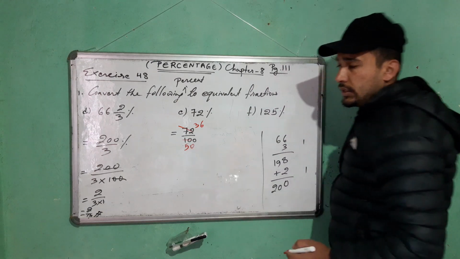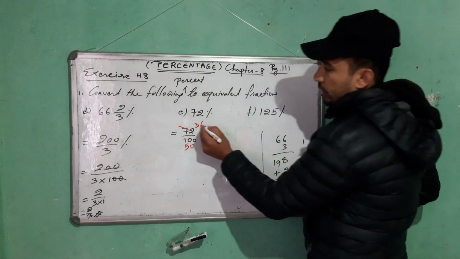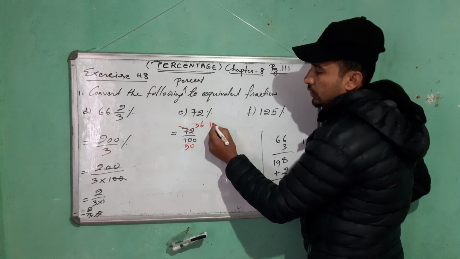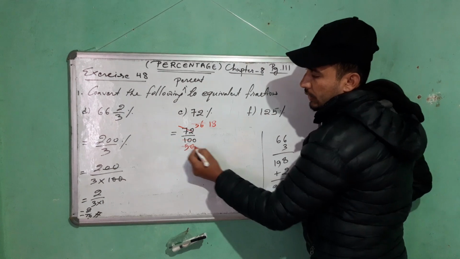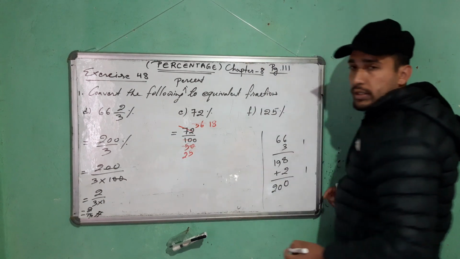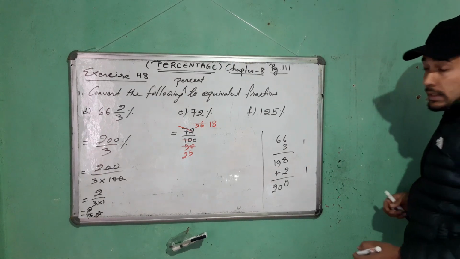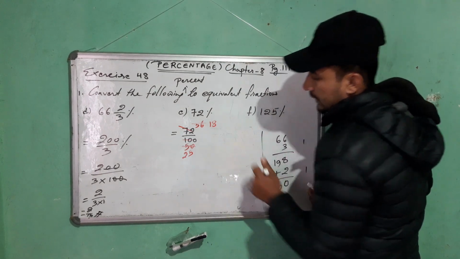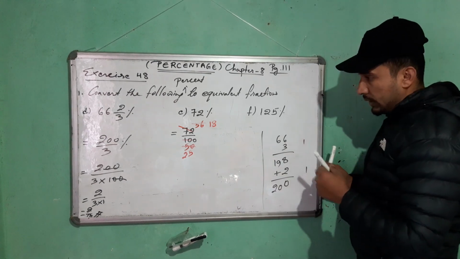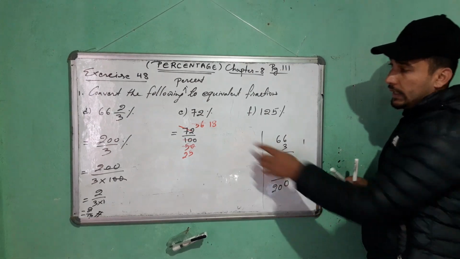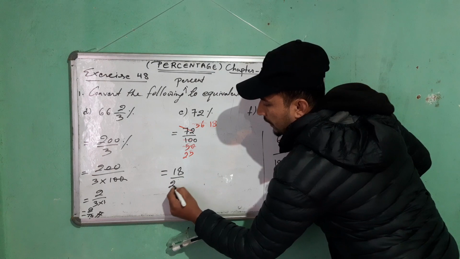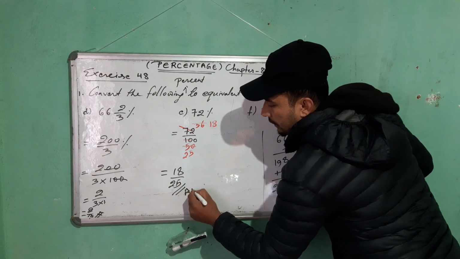Again, let me cancel with 2 only. 2 1s are 2, 2 8s are 16, 2 2s are 4, 2 5s are 10. Here you cannot cancel now. 18 and 25 don't have common factors. So your answer will be 18 upon 25.